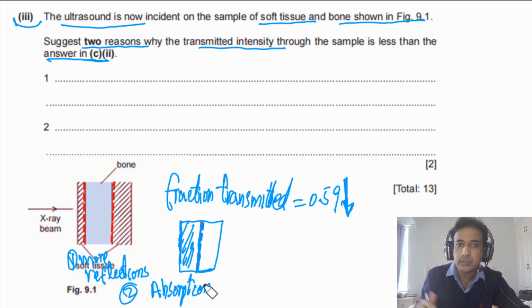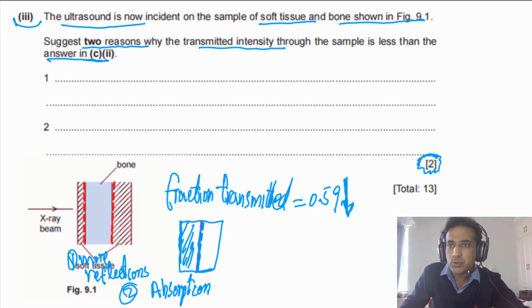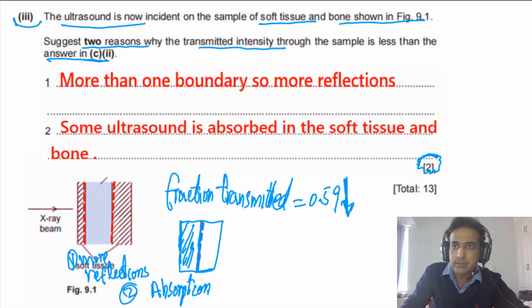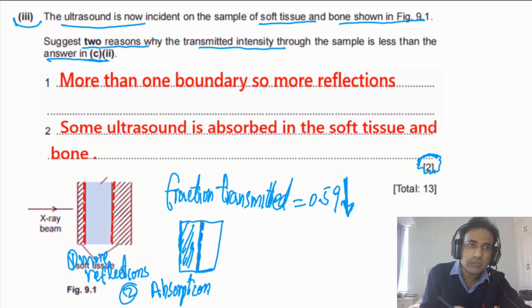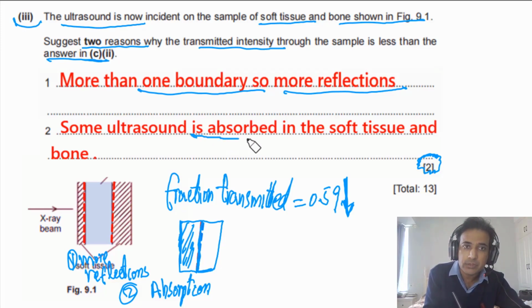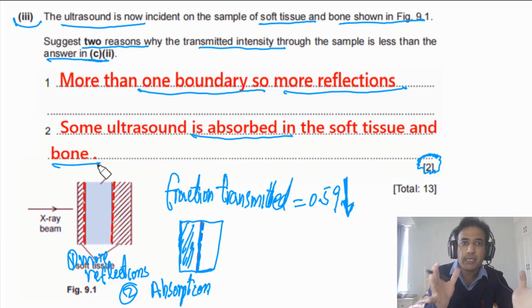This answer needs two reasons. Now let me show you how you can write the answer. You can mention these two points: more than one boundary, so more reflections, so transmitted intensity will be lower, and some ultrasound is absorbed in the soft tissue and bone. You can also say in the matter, where matter means soft tissue and bone.